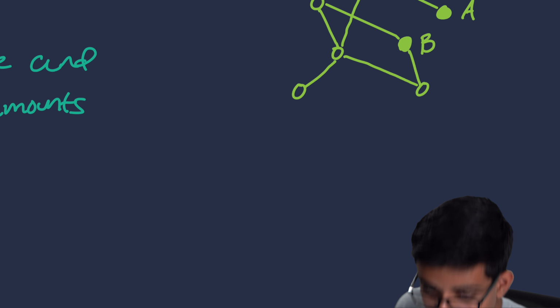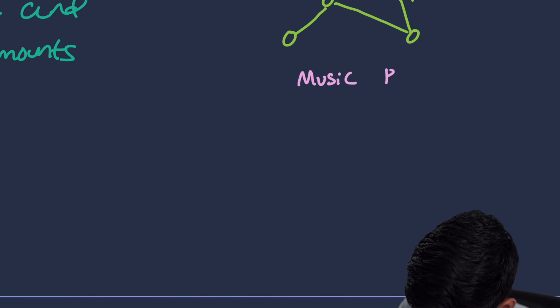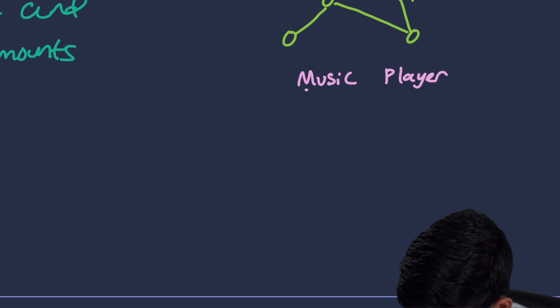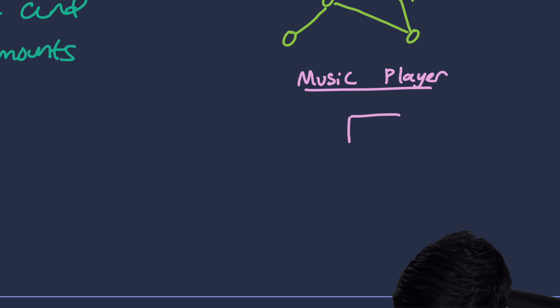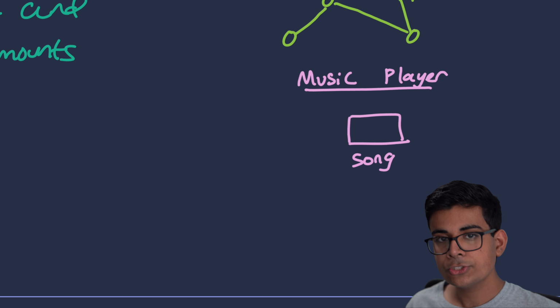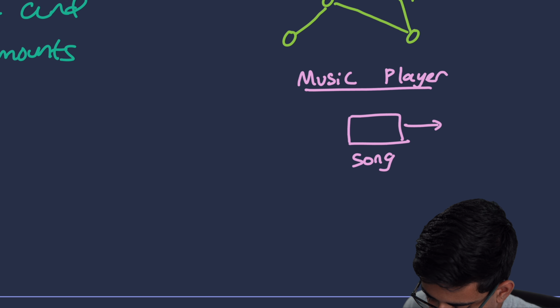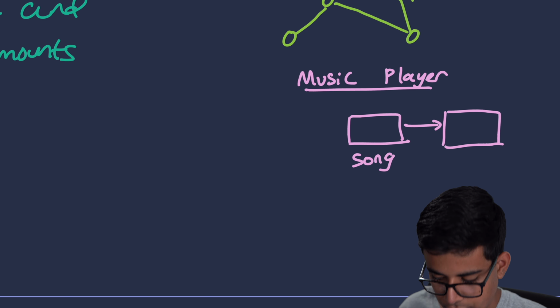Let's say that we look at even another scenario. Let's say we're trying to code a music player, right? Or an app that plays music. Right over here. Well, you often have your one song, right? This is usually you have a song right over here, and this is the song that you generally are listening to. But then you also have a next song, right? After your music is done playing, you often will have a next song.